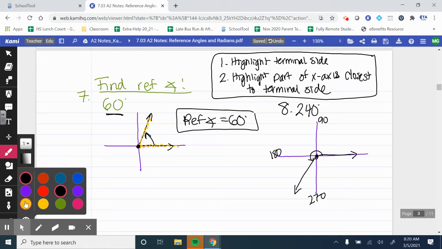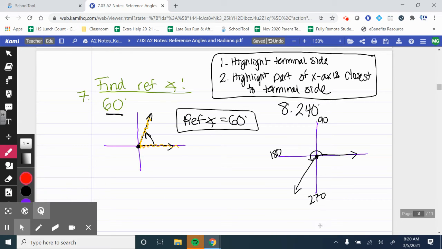So let me change colors. I'm going to highlight or darken my terminal side or squiggle it out, and then squiggle out the part of the x-axis closest to it. So in this case, we're closer to the negative side of the x-axis, so we squiggle that. So this right here, that's your reference angle. So we want to find the measure of that. Now I know the measure of this entire angle is 240 degrees, but I don't want the full angle.